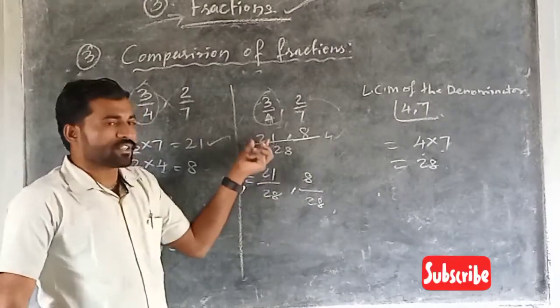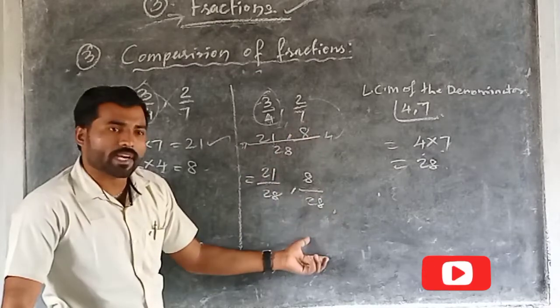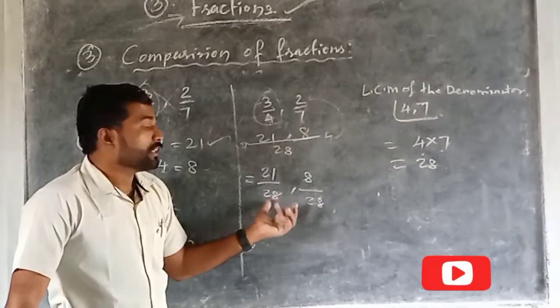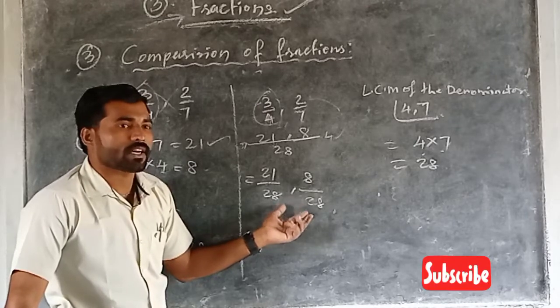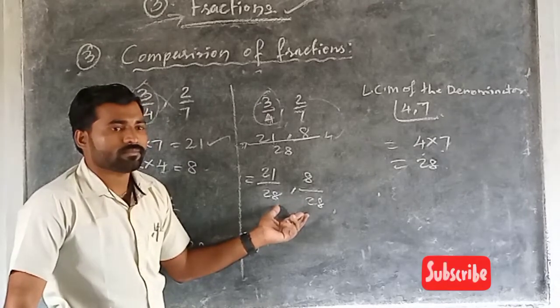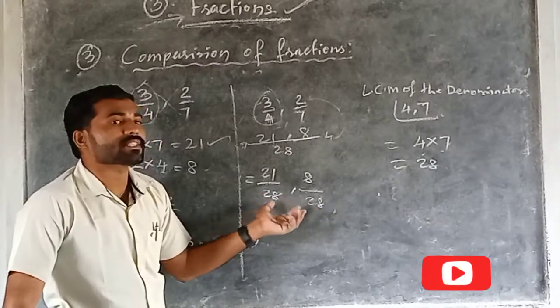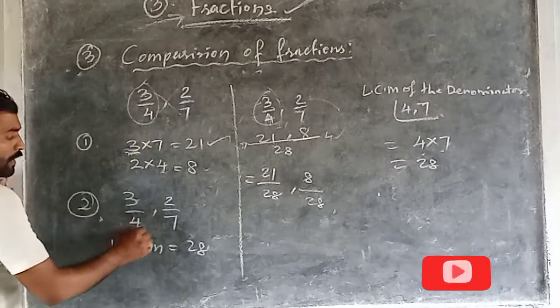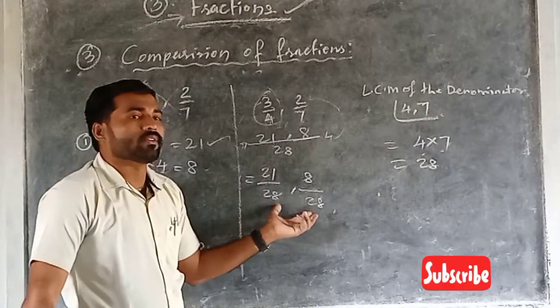First fraction is 21 by 28, second fraction is 8 by 28. Now the denominators are equal. Here the denominators were not equal, but finally we got equal denominators.